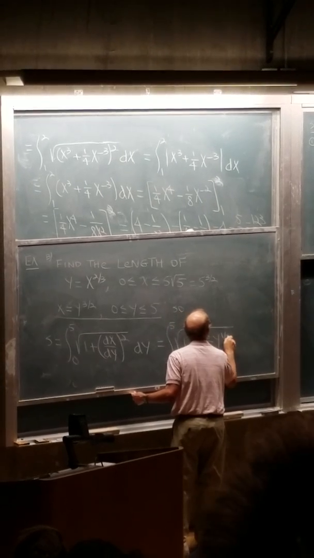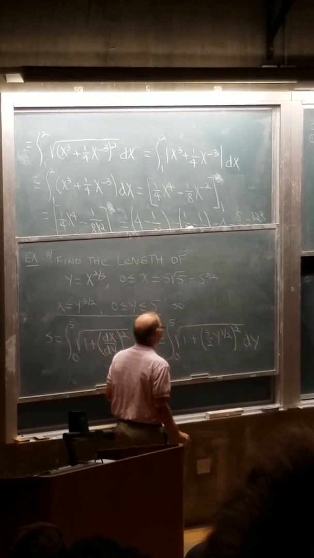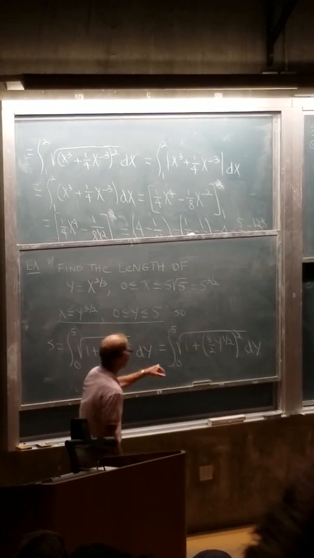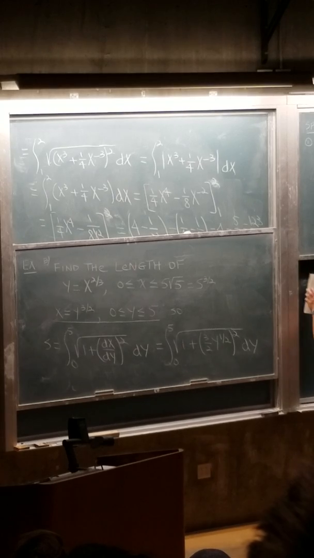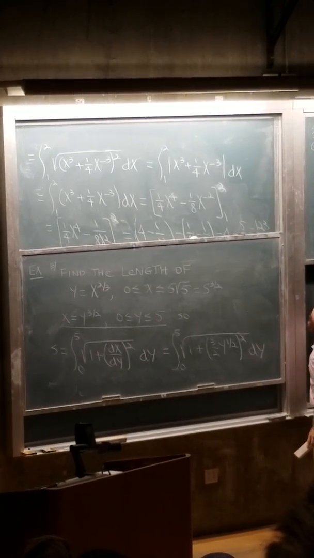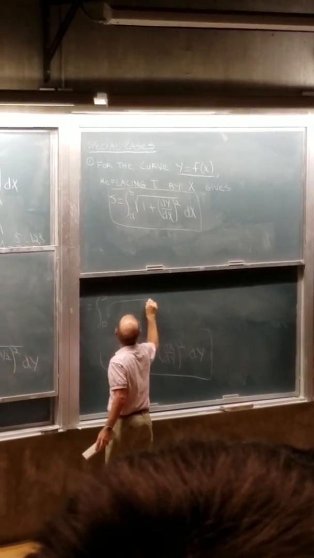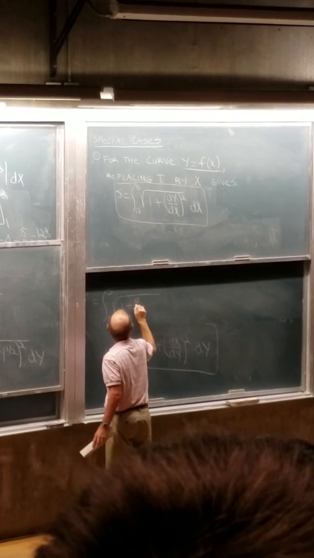So we have 3/2 y to the 1/2 squared, integrated with respect to y. Now if we simplify that, we have the integral from 0 to 5 of the square root of 1 plus 9/4 y.